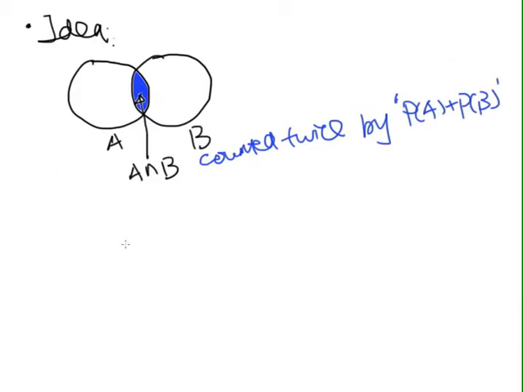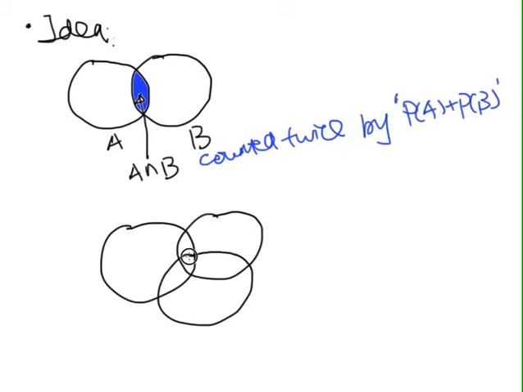In the case of 3 sets, the idea is that by adding P(A), P(B), P(C), you are counting A intersection B twice, B intersection C twice, and A intersection C twice.